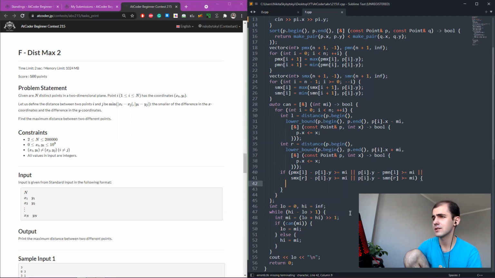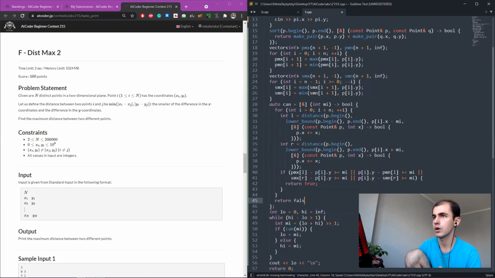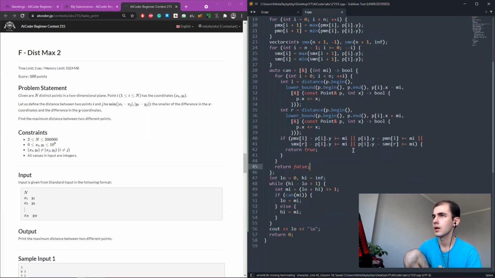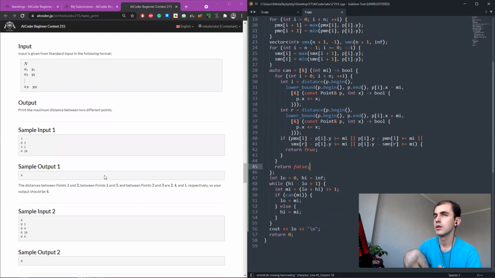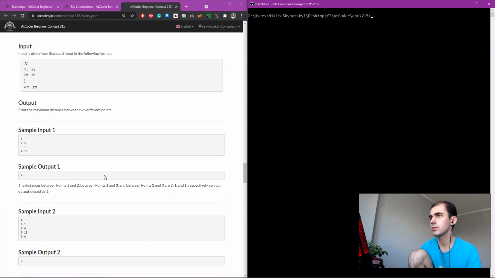Surprisingly, indices appear to be not off by 1, but just right. Here we can return true, here we can return false. Okay, not really sure about that, but let's see and check.